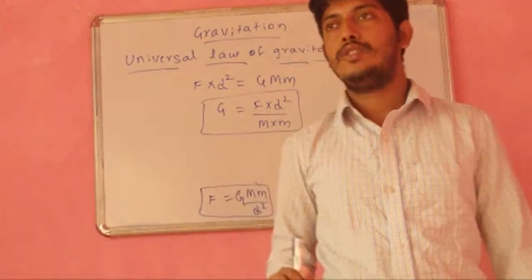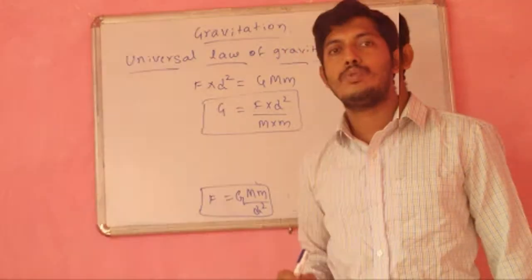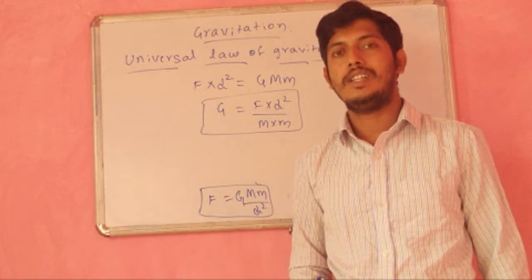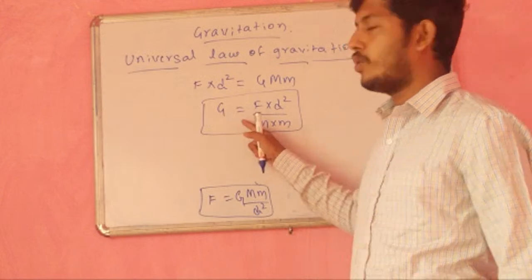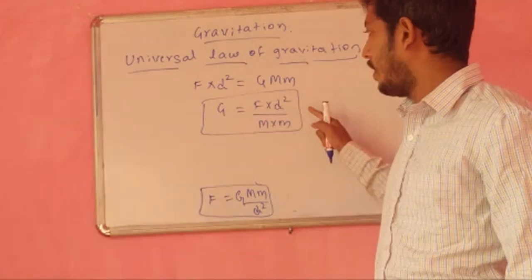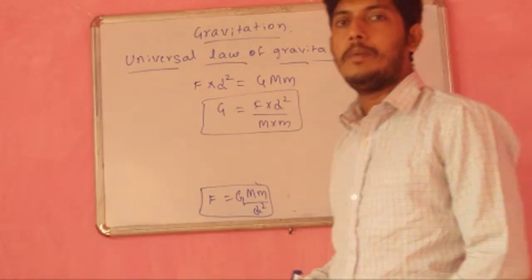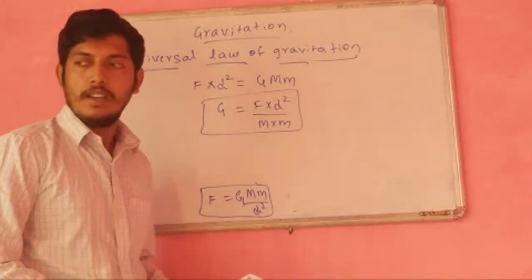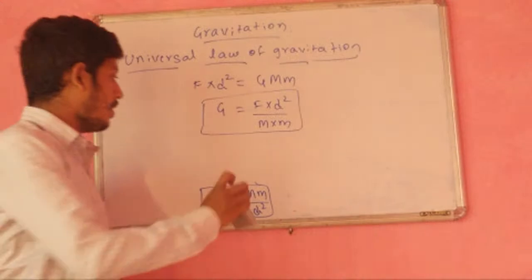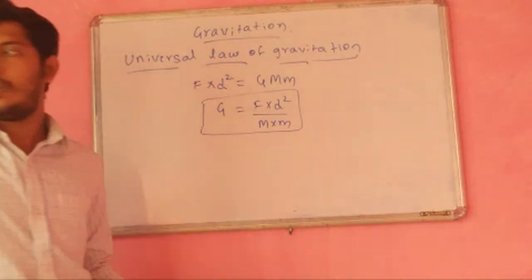Capital G is the symbol which is used to represent the gravitational constant, and the expression for gravitational constant is G equals F into d square divided by M into m. Now we'll substitute the SI units of all these terms.